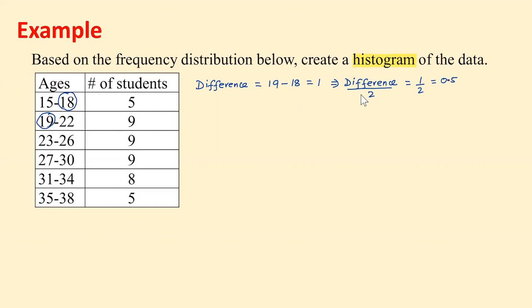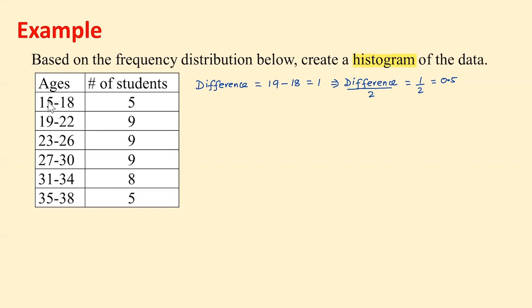So we are going to use this factor to make the classes continuous. Meaning, for each of the lower limits, we subtract 0.5. So for example, here we have 15 through 18. We subtract 0.5 from this one, so that will be 14.5. That will give you the new classes, and those will be the continuous classes.